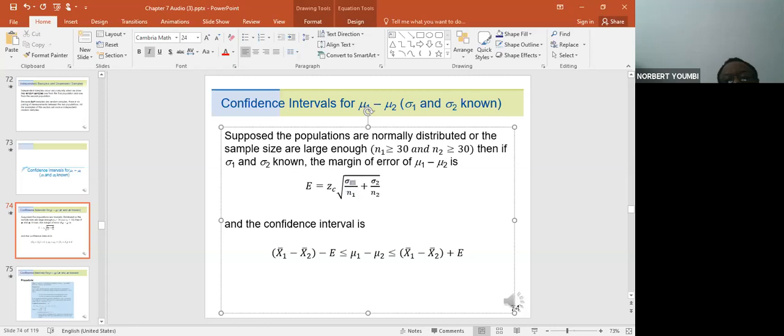There is a square which is missing here, and I want to put it. Just 1 minute, let me correct that as we are on it.